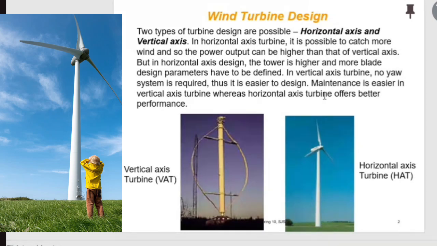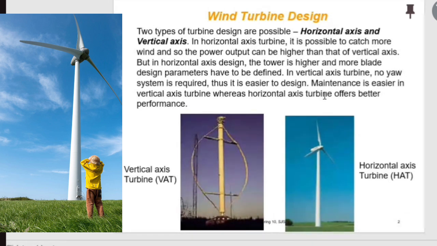In a vertical axis turbine, no yaw system is required. It means that the more you reduce the components of a system, the more you reduce the cost.